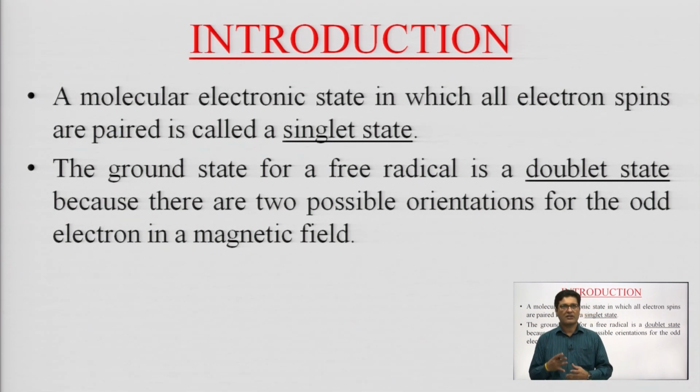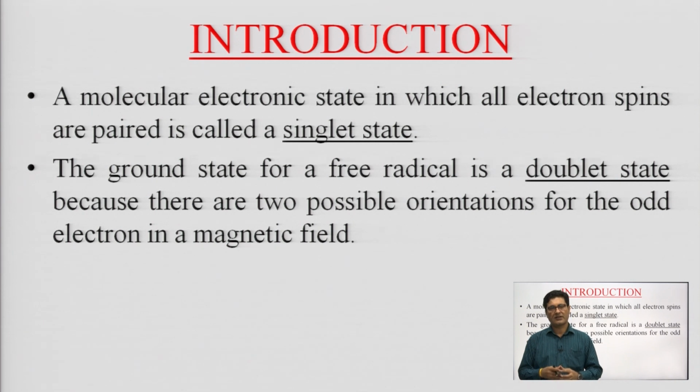The molecular electronic state in which all spins are paired is considered the singlet state. So, a singlet state is that state where all electrons in a molecule are paired, and no unpaired electron is present. But free radicals, which have unpaired electrons in their shell, exist in a doublet state, so their ground state is actually the doublet state.